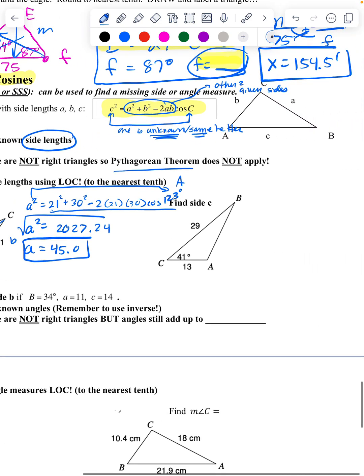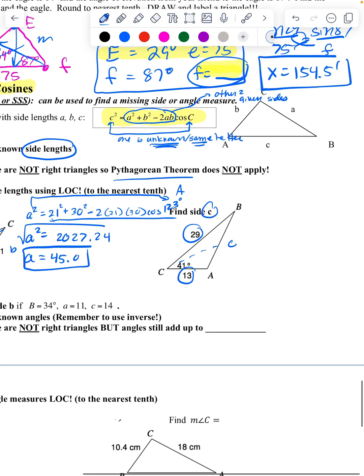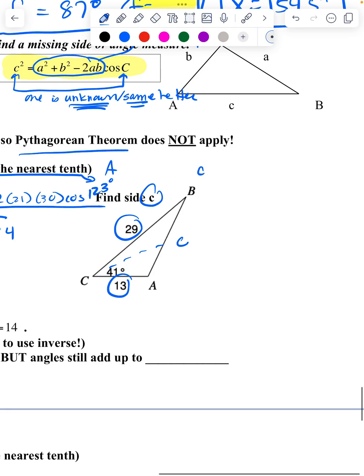So here, find side C. Side C will be this one, which makes these the other two given sides. When I set up my formula, I need to start with C squared because that's my unknown. It doesn't matter which of the other two goes first. So I'm going to have 29 squared plus 13 squared minus 2 times 29 times 13 times the cosine of angle C, which is 41. Again, this entire side is all numbers, so I can go straight through my calculator.